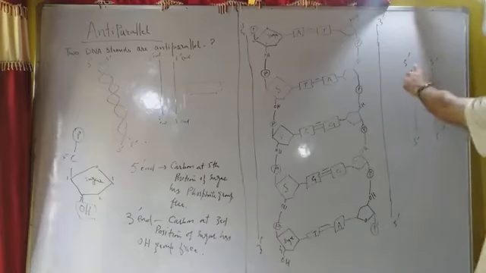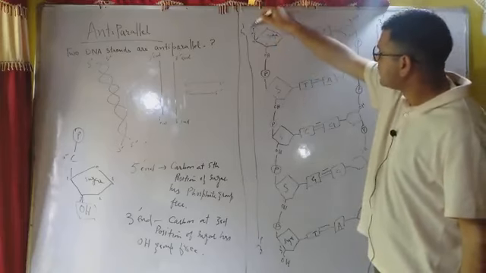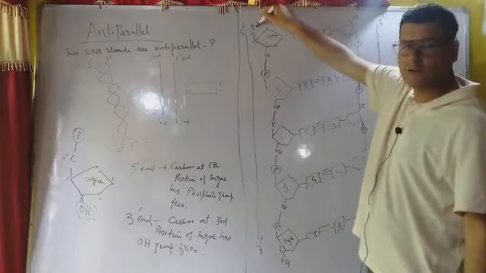What do you mean by this 5 dash end? It means that the terminal sugar of the last nucleotide has a free phosphate group at the carbon fifth.